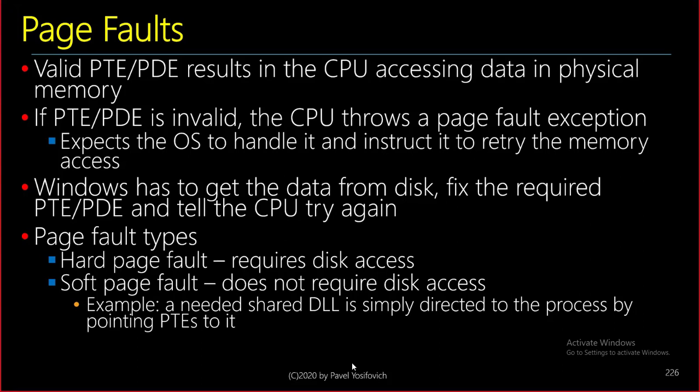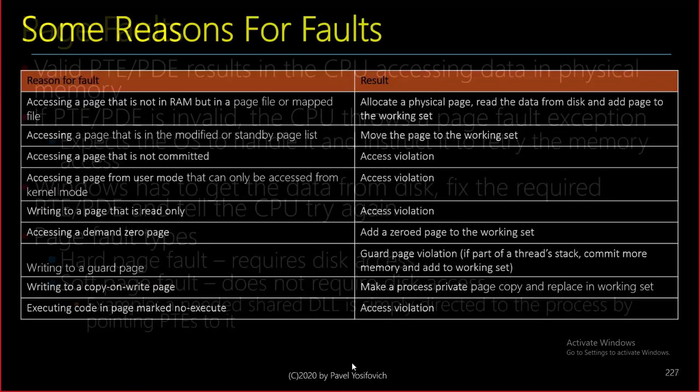However, conversely, when you load a file for the first time for execution, such as a DLL or an executable, a hard page fault is unavoidable because it's not in RAM yet. So the first time it has to be mapped, but since it's shared, we can share the code with other processes without needing to read that code again. That's a good thing.